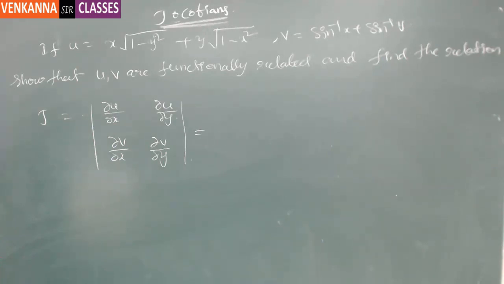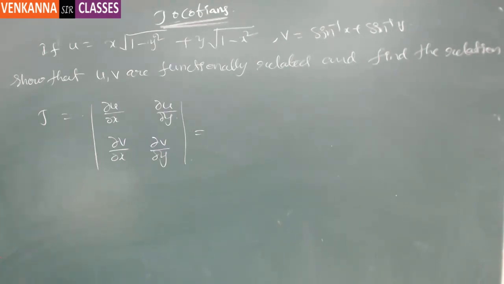So 2 people got it. I hope everybody should be able to get. So this is straightforward, finding the partial differentiation and then finding the Jacobian. So these two are functionally dependent. Yeah, so u is equal to sin v is correct. Why? Because the Jacobian is vanishing, right?